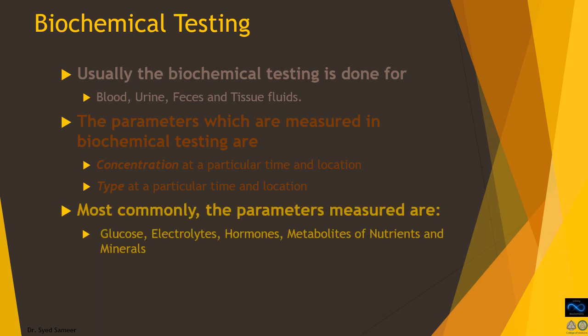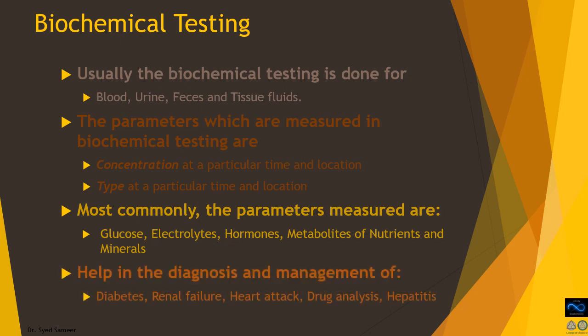Most commonly, the parameters which we measure in the biochemistry lab belong to glucose, electrolytes, hormones, and metabolites of carbohydrates, lipids, proteins, as well as some minerals and vitamins, which we can measure under the flag of biochemical testing.